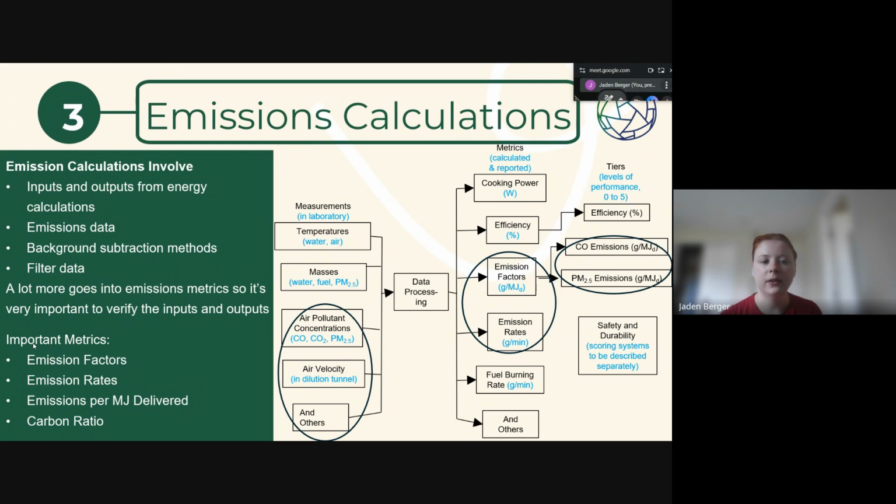So it's really important that we're looking at all of our inputs and outputs. This can be where a lot of stuff kind of goes awry. So some of the important metrics are emission factors, emission rates, carbon ratio, and then emissions per megajoule delivered, which goes into our performance tiers here at the end.